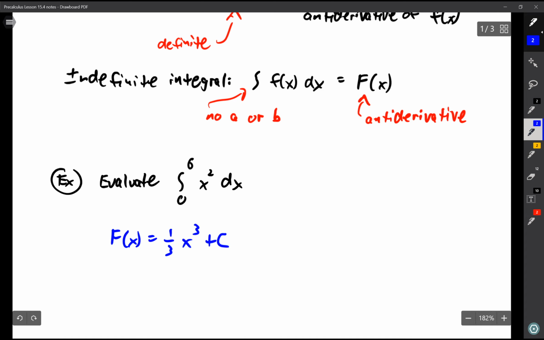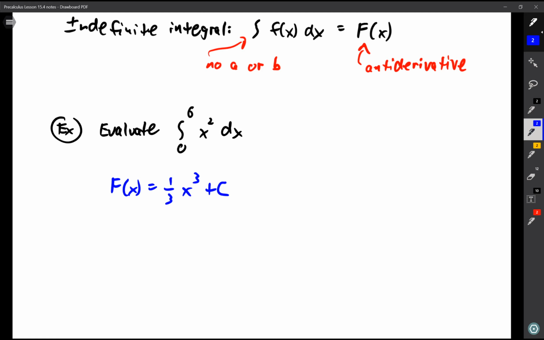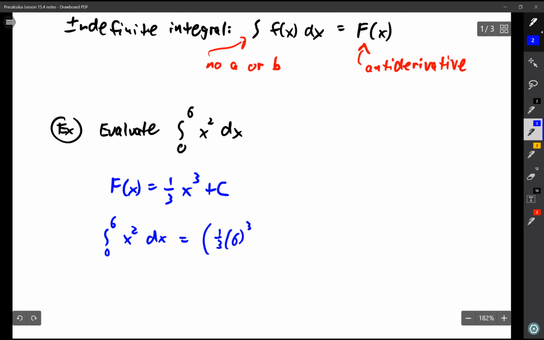Okay, now we can evaluate this. So we can say that the integral from 0 to 6 of x squared dx equals 1/3 6 cubed plus c minus 1/3 0 cubed plus c.